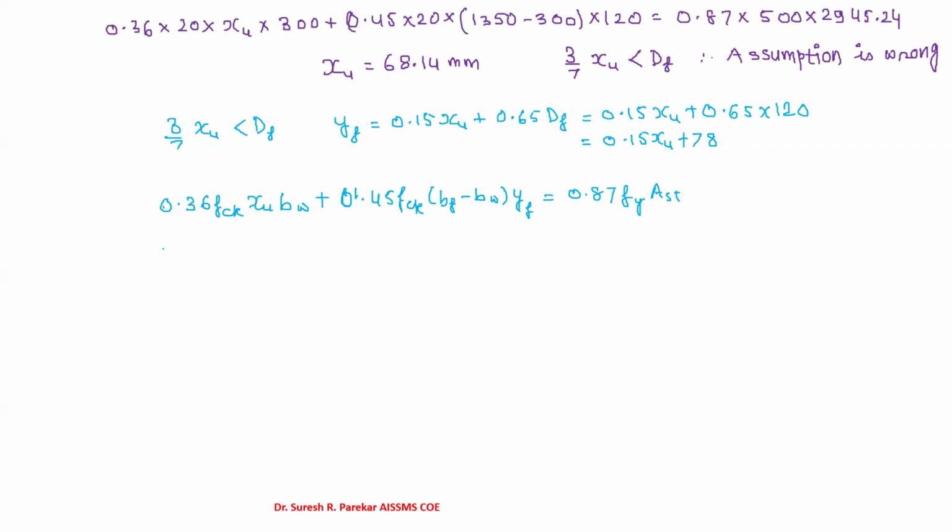Now if we put the values in these equations, we will have 0.36 FCK 20, XU we have to find, BW is 300, plus 0.45 FCK, so FCK we have 20, BF minus BW, so BF we have 1350, BW we have 300, YF we just calculated 0.15 XU plus 78, and then equal to 0.87 FY AST.